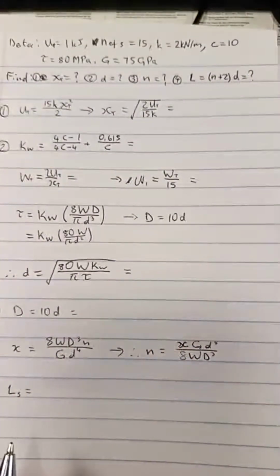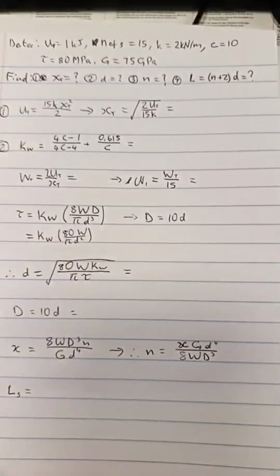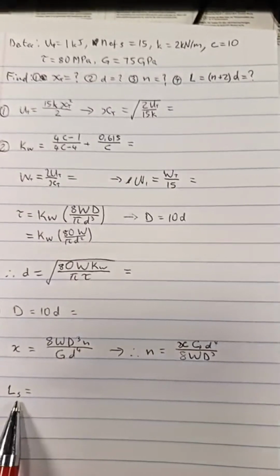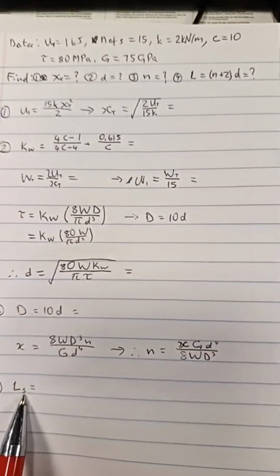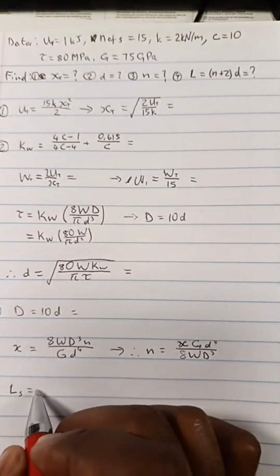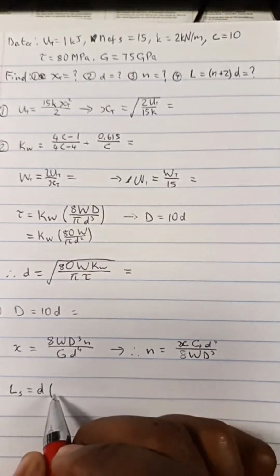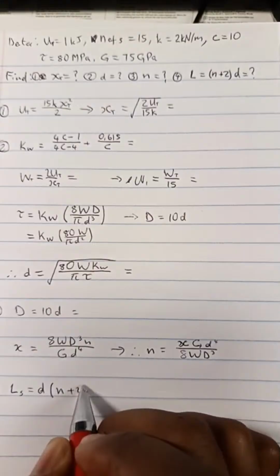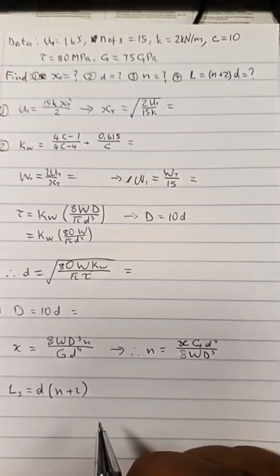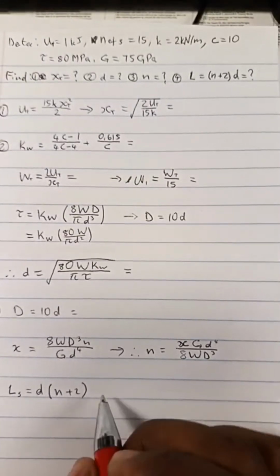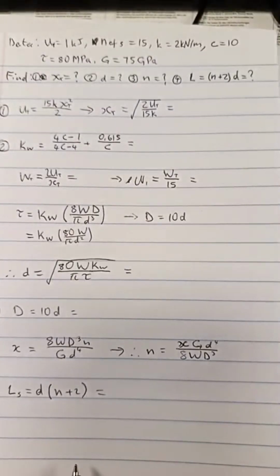They're saying the length of a fully compressed spring if it has two inactive coils. So that solid length will have small d into N plus 2. The 2 is for the inactive coils. Then you'll get your answer.